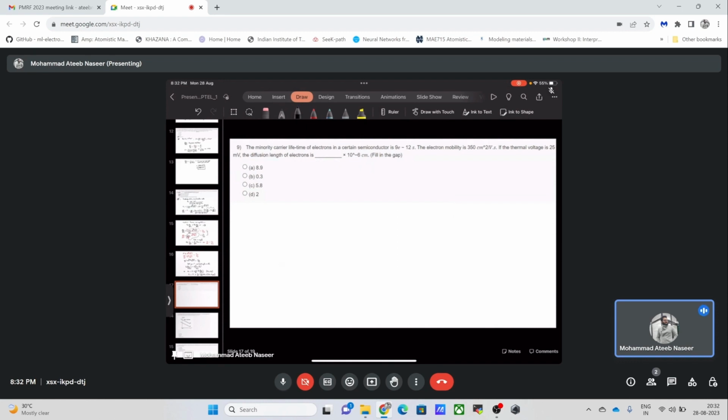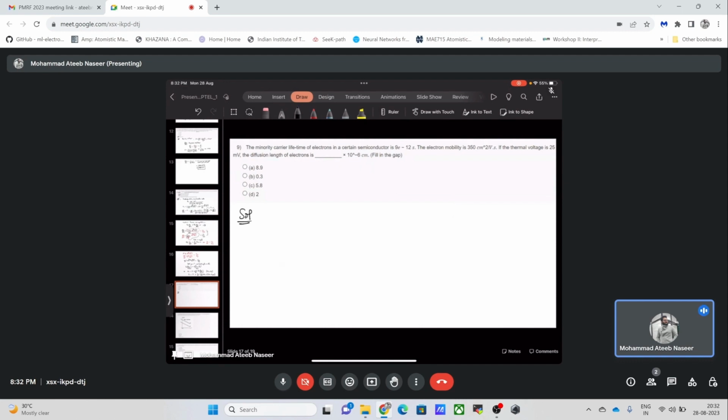So we were spot on when we said that we need the diffusion length, and for that we will require the diffusion constant, and for the diffusion constant we will need Einstein's relation. So let's solve this problem again today.